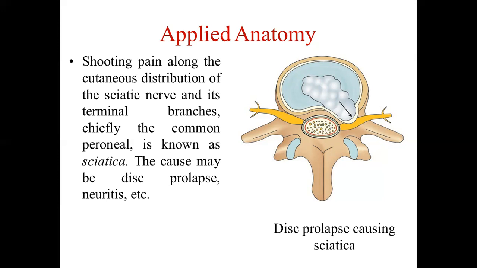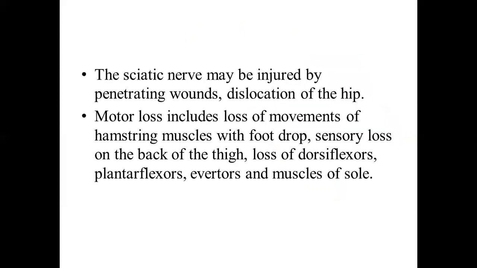So sciatic nerve pain along the distribution of its course may be due to disc prolapse, neuritis, or any injury; it will cause the pain of sciatica. The nerve is also injured by penetrating wounds or by dislocation of the hip joint.